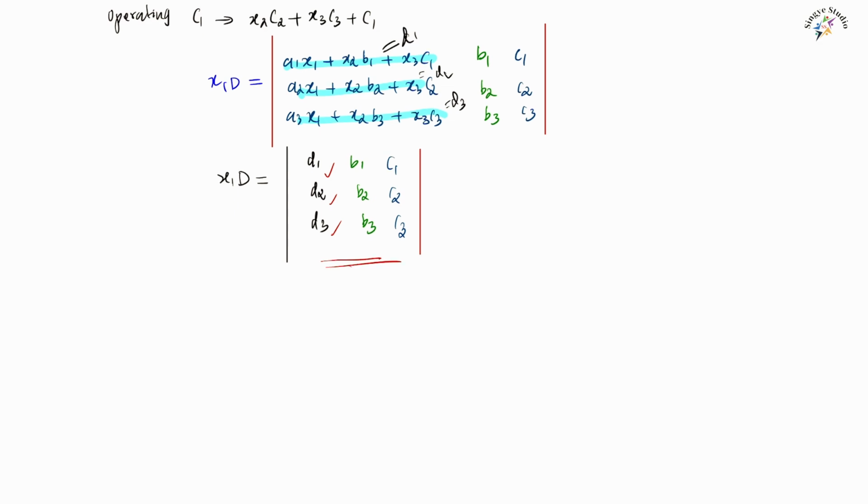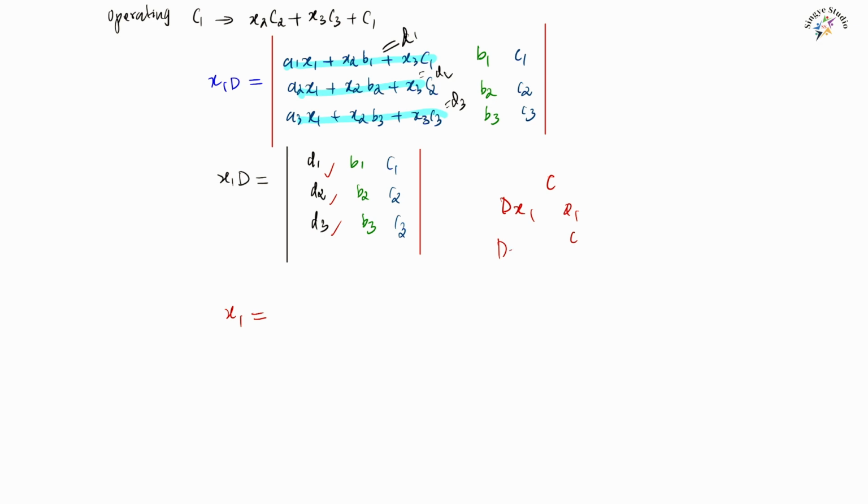Therefore, to find the value of x1, what we need to do is just divide this determinant by our original determinant. Therefore, what I will do is rename this determinant as dx1, okay? Because this is the determinant in which the column containing the x1 coefficients is replaced with the sum, right?